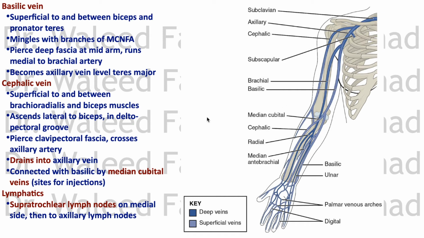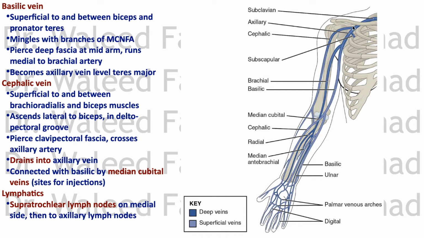The cephalic vein, on the other hand, is superficial and between the brachioradialis and biceps muscles on the lateral side, and ascends lateral to the biceps in the deltopectoral groove. It appears in the deltopectoral groove in muscular persons. You will see a vein in this region. This is the cephalic vein.